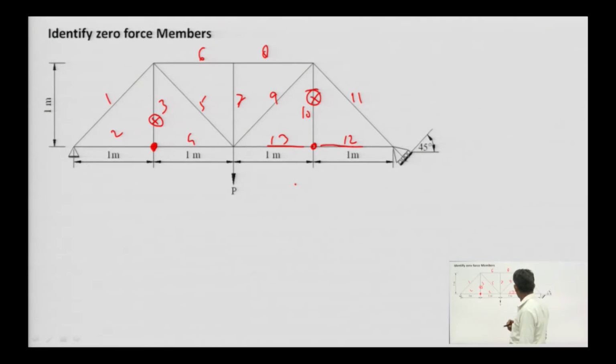Then you see at this joint, member 6 and member 8 are collinear. It means member 7 is not going to carry any force. Okay. So, these 3 members are 0 force members. Okay.